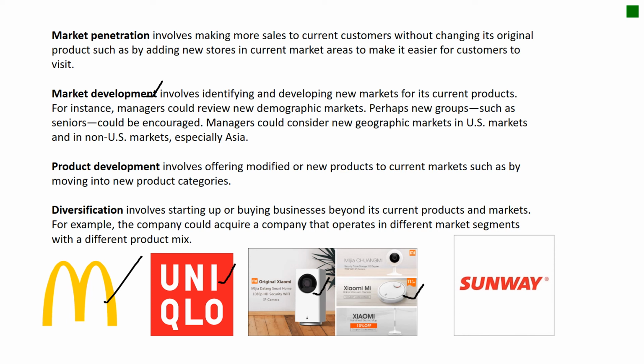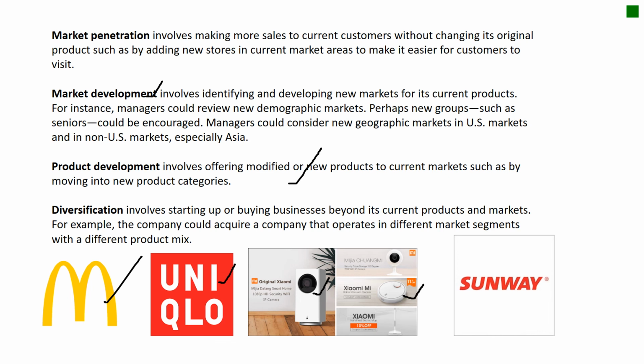But they are actually targeting their existing customers. Normally those companies that follow this particular product strategy invest a lot of money in order to keep innovating.